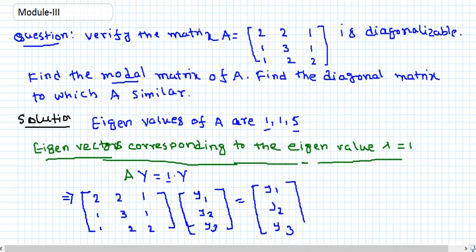So from there, if I multiply the matrix, we have to multiply each row with this column.